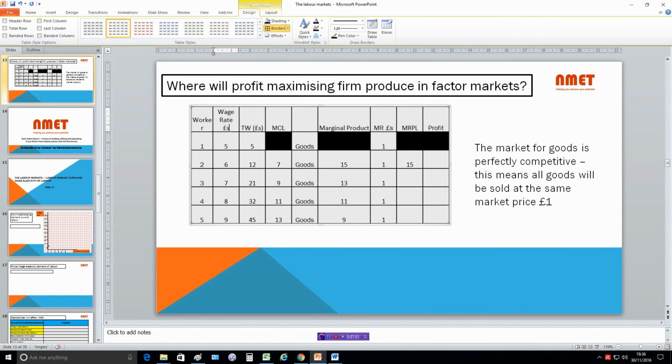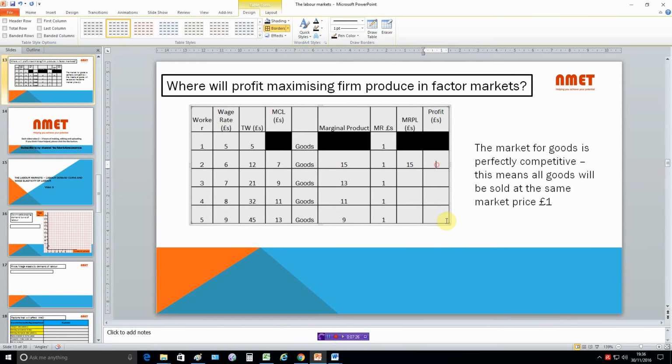Let's have closed brackets there. Marginal cost of labor would be in pounds as well. Marginal revenue product of labor would be in pounds. And we know profit would be in pounds as well. So, 15.